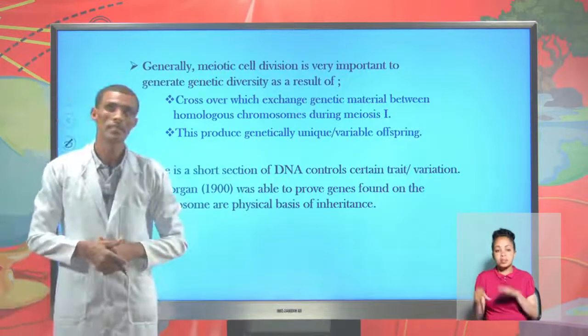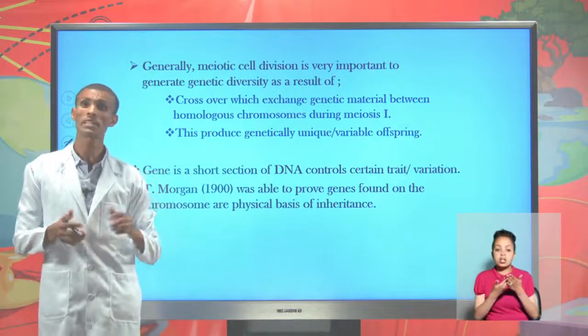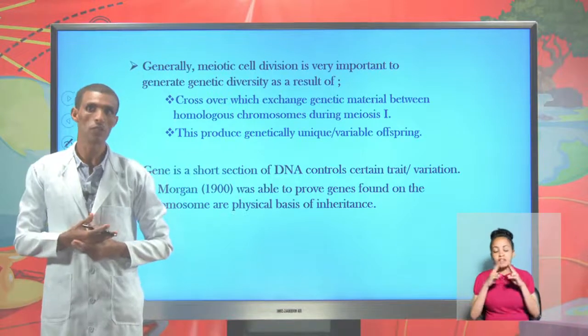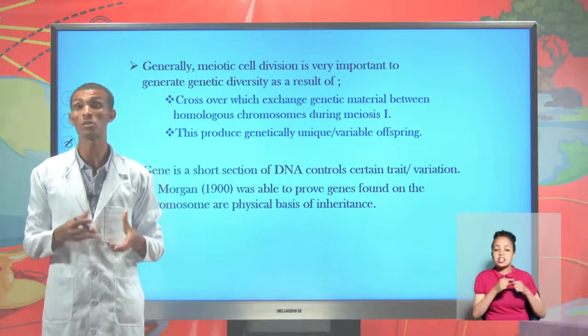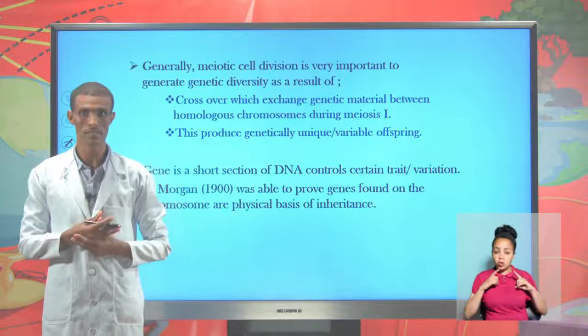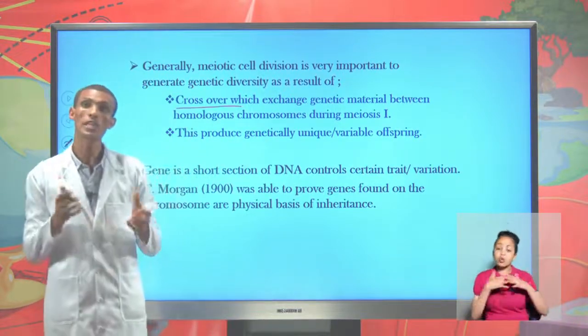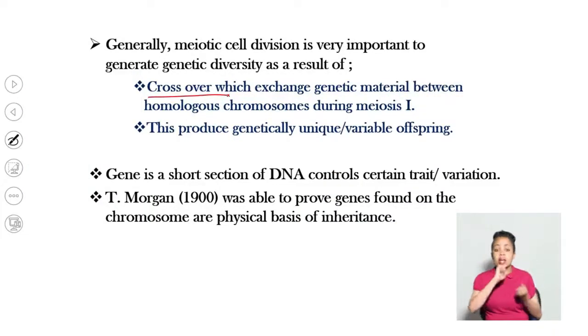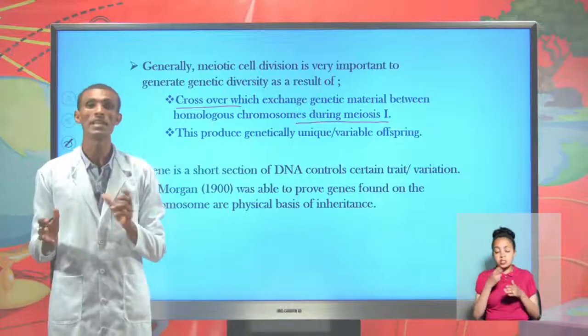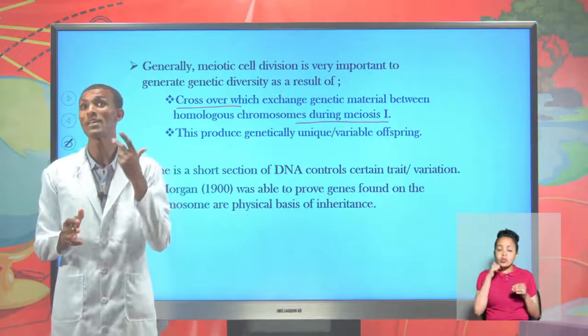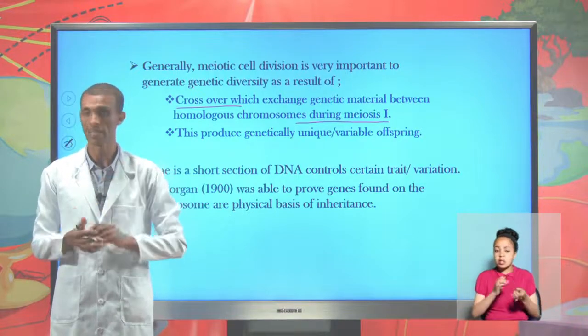Students, generally, meiotic cell division is very important to generate genetic diversity in living organisms. This is a result of crossover, which is important to exchange genetic segments between homologous pairs of an organism during prophase 1 of meiosis 1. As a result of crossover, none of the daughter cells formed at the end of telophase 2 are identical.